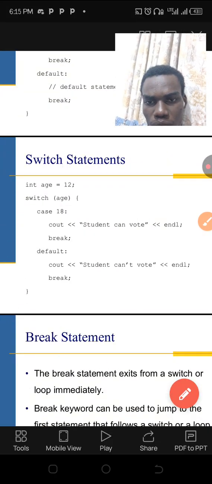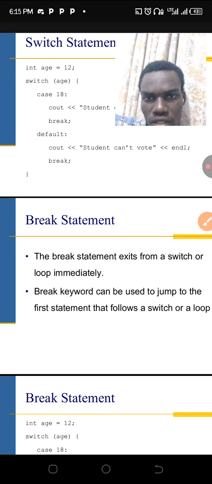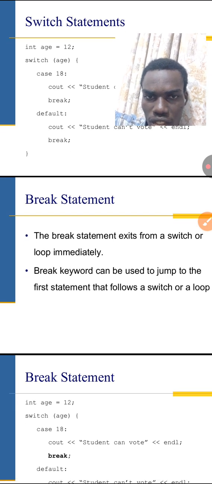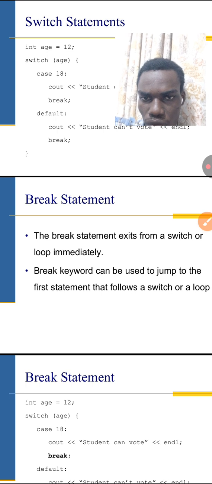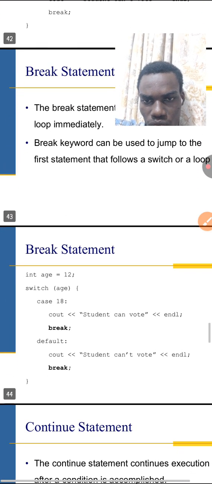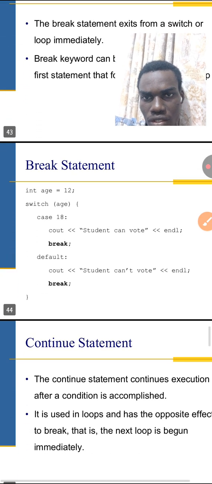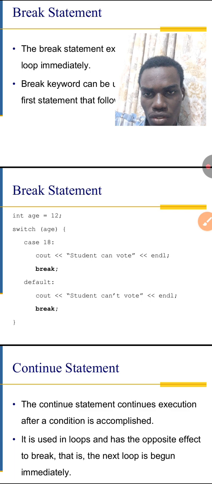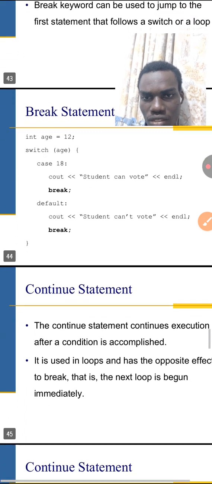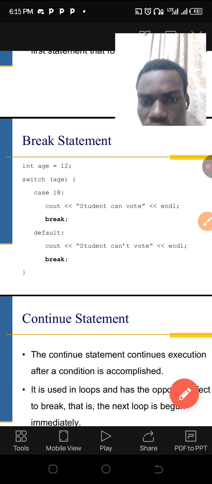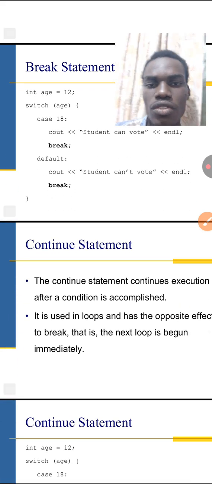Now let's look at the break statement. The break statement exits from a switch or loop immediately. The break keyword can be used to jump to the first statement that follows a switch or a loop. We have the continue statement.